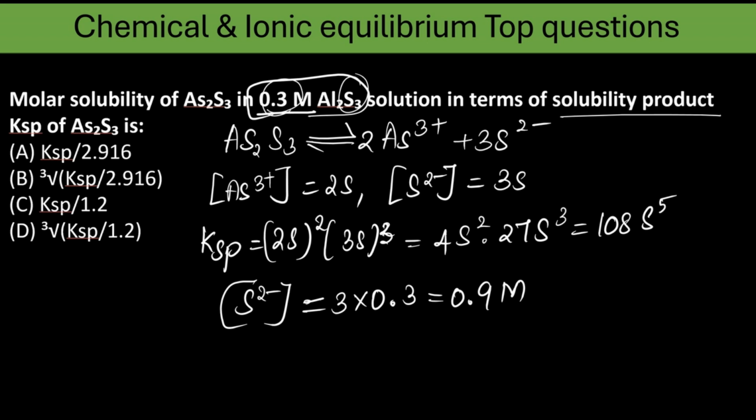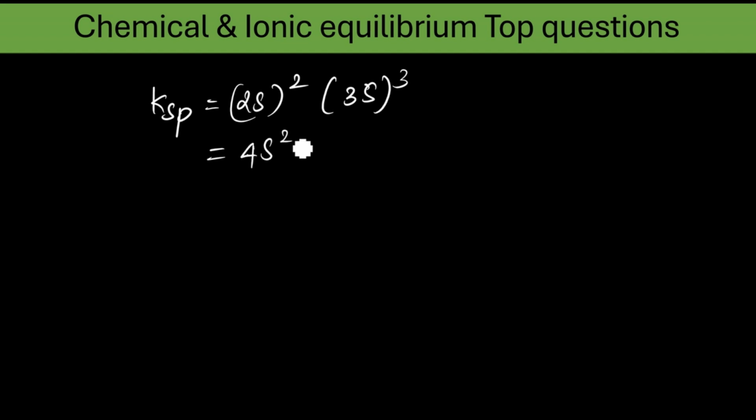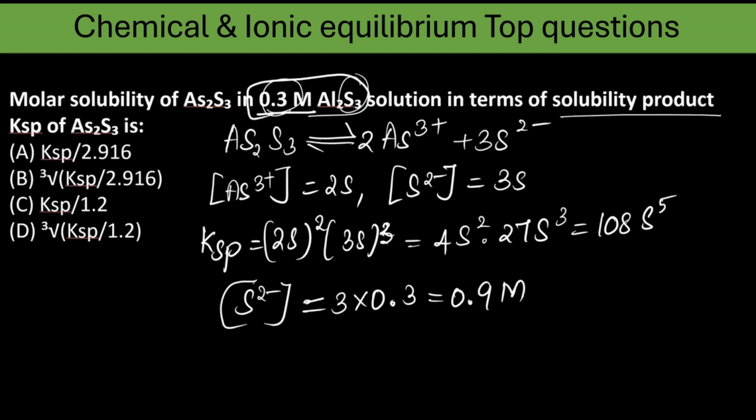Ksp: the As is squared, the sulfide is cubed. For sulfide I have (3S) cubed, where the 3S value is 0.9. And this one will be 4S squared into 0.9 cubed, which comes out to be 2.916 S squared, right? So that is Ksp.